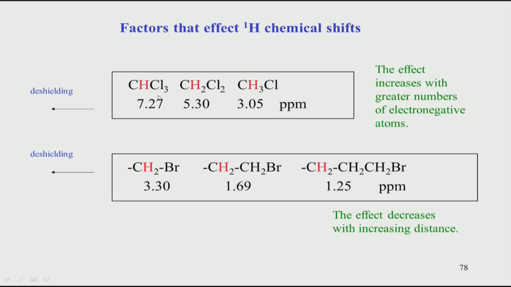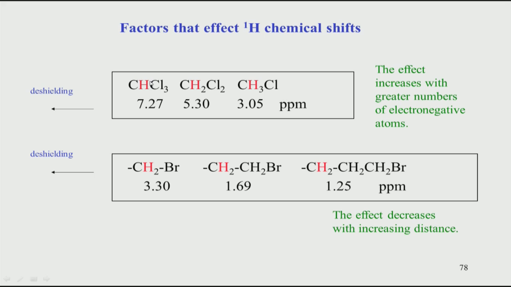They very strongly pull the electron density away from the carbon and hydrogen, and therefore this hydrogen has very little electron density around itself, and if it has less electron density, it is less shielded from the main magnetic field, and therefore it becomes de-shielded.